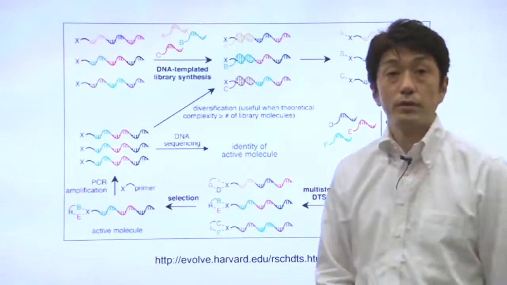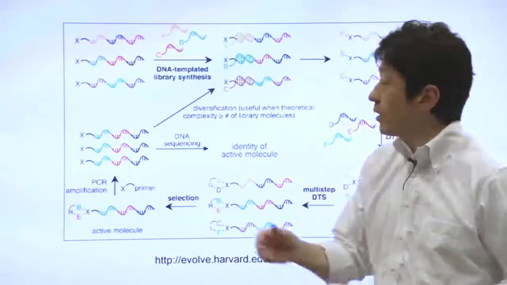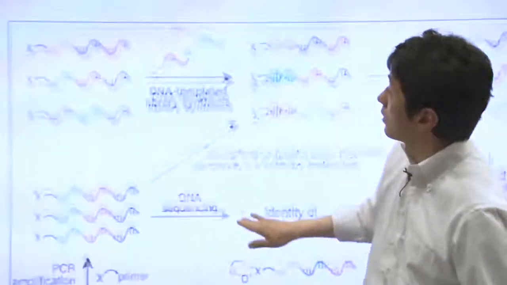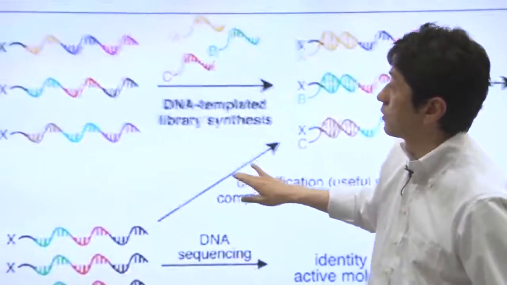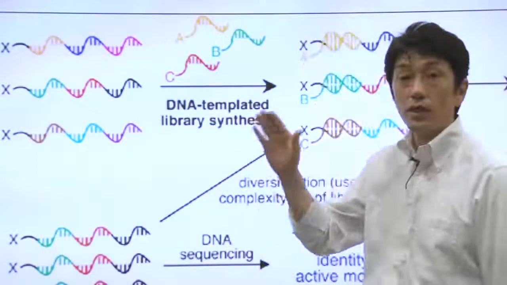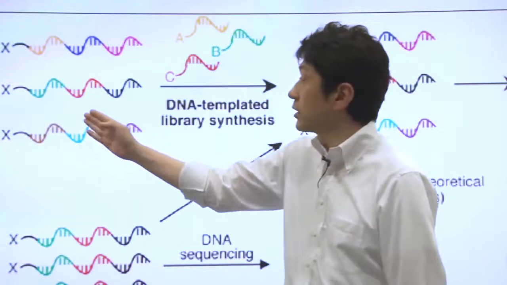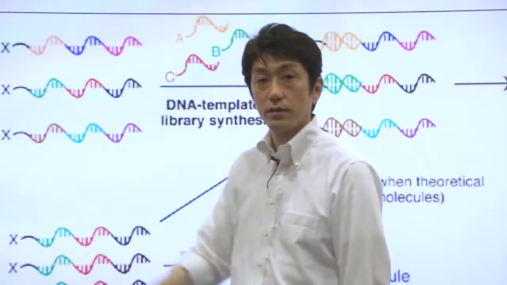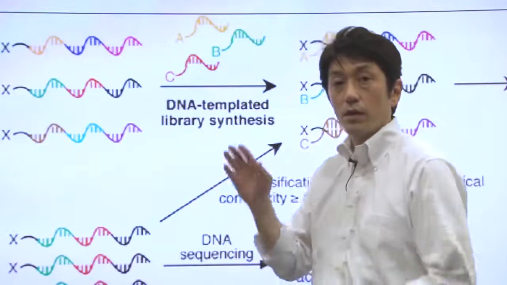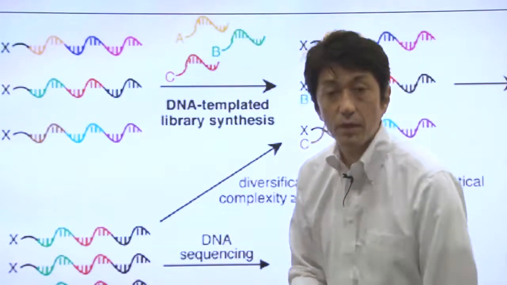They prepared a DNA-encoded chemical library. Let's assume that 3 DNA strands are connected with chemical X. You can make a lot more than 3 in a real experiment.